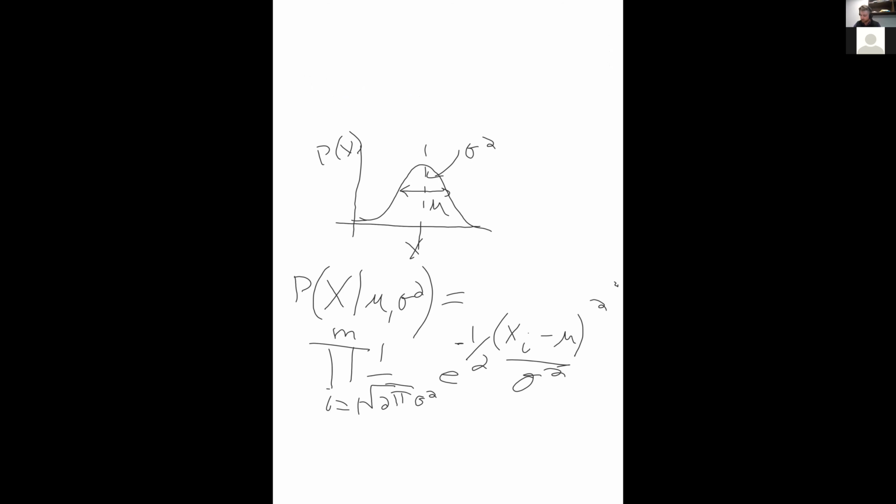The log likelihood for this thing, which I'm using L to denote, the thing that we want to maximize, is equal to the sum from i equals 1 to m of negative log 2 pi, and there's a 1/2 in there, minus 1/2 log sigma squared, minus 1/2 (xi minus mu) squared over sigma squared.